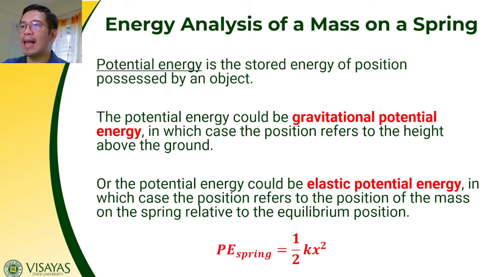The amount of elastic potential energy depends on the amount of stretch or compression of the spring. As you can see from our equation of the potential energy, we have 1/2 kx squared, wherein k is the spring constant and x is the distance that the spring is stretched or compressed relative to the relaxed, unstretched position.